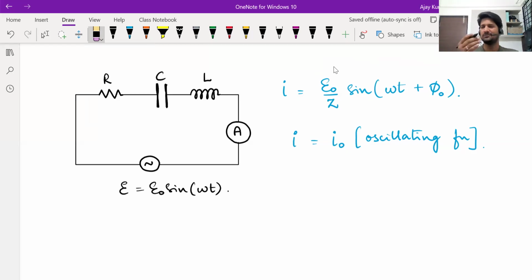The current will be positive for some time and negative for some time, and it will keep repeating that. Then what is the average value of current? Zero, sir. Then do you think the ammeter will show zero reading if you connect it to an AC circuit? No, sir, it won't show 0.